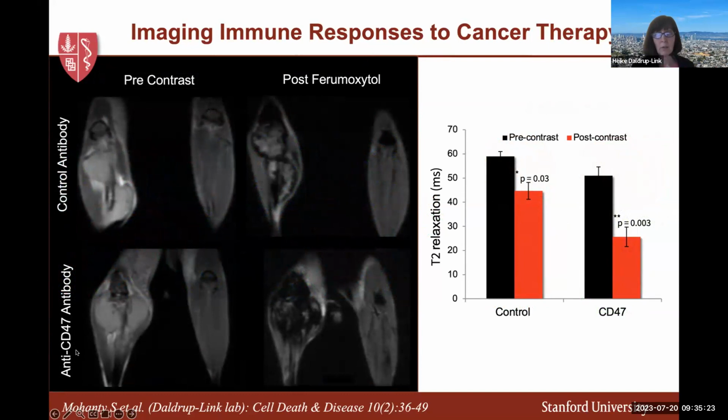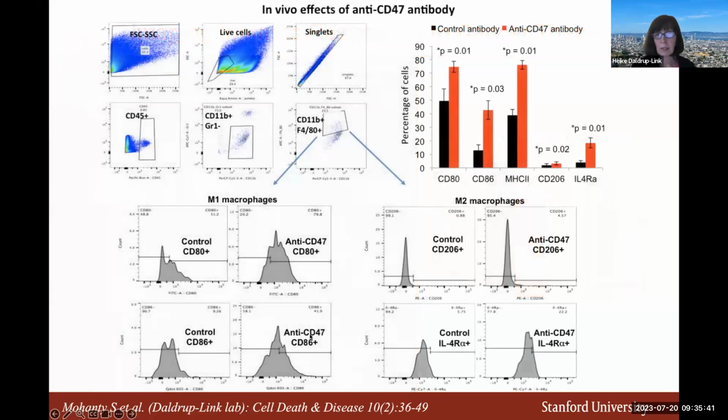This here is a CD47 antibody-treated tumor, and you see that this tumor shows a markedly increased iron oxide enhancement and retention, apparently indicating activated macrophages in the tumor tissue. And we confirmed this by FACS analysis. So we confirmed that we had a larger population of activated macrophages in the tumor tissue after CD47 treatment.